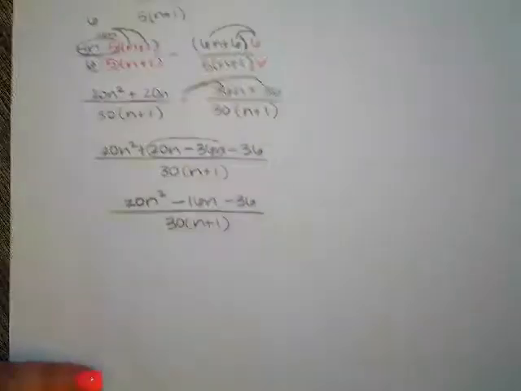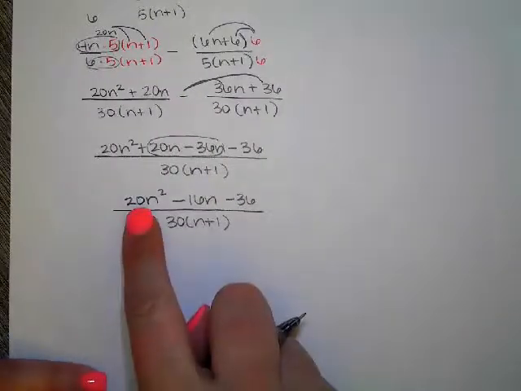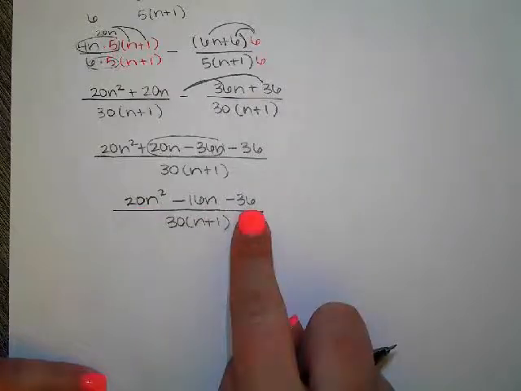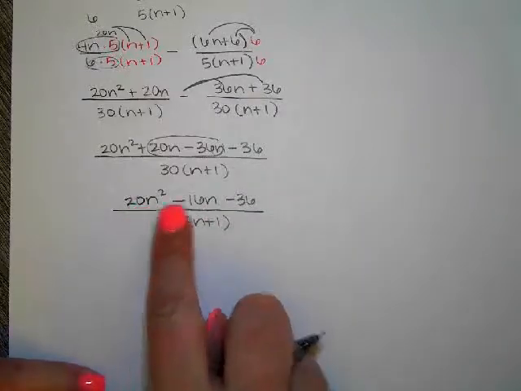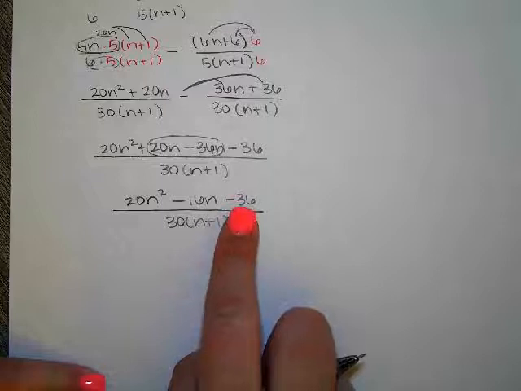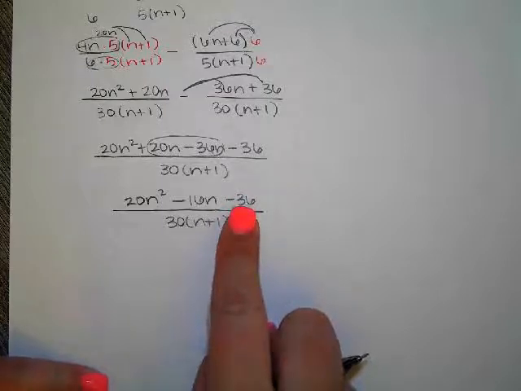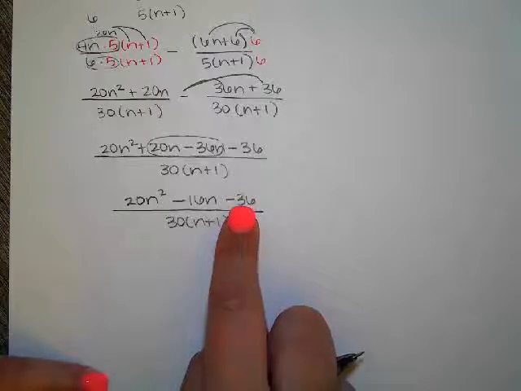Now at this point, I can see that this is a trinomial. I can see between all three of the numbers that they're kind of big. It seems like it might be a slide divide problem, but before I assume it's a slide divide problem, I should check for a GCF.